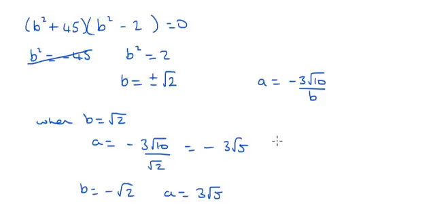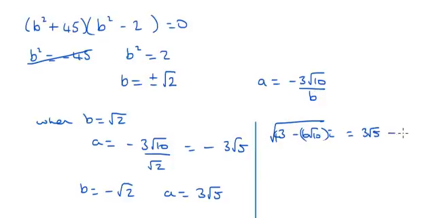So, don't forget to actually answer the question. So let's do that at the side here. The square root of 43 minus 6 root 10i is, and we said it was a plus bi, so that's going to be 3 root 5 minus root 2i, or minus 3 root 5 plus root 2i.